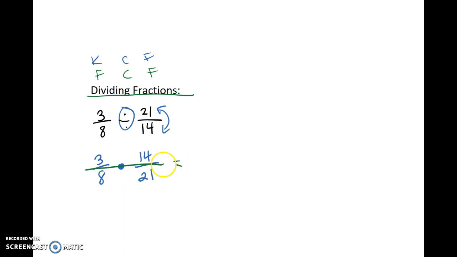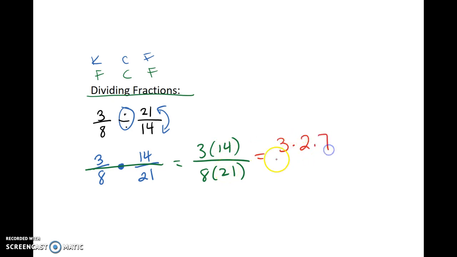So we're going to multiply straight across, where we have 3 times 14 and 8 times 21. Now some of you may see right away that 7 goes into 14 and 21, but I'm going to break this down as the factors again. So 3 is just 3, 14 is 2 and 7, 8 is 2 times 2 times 2, right?